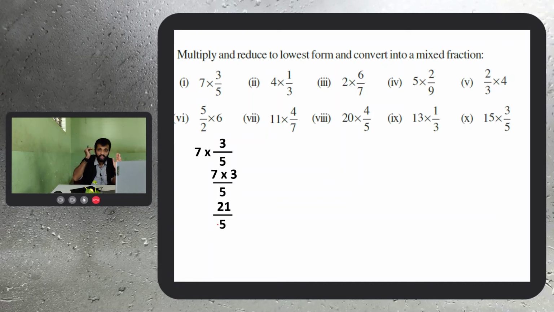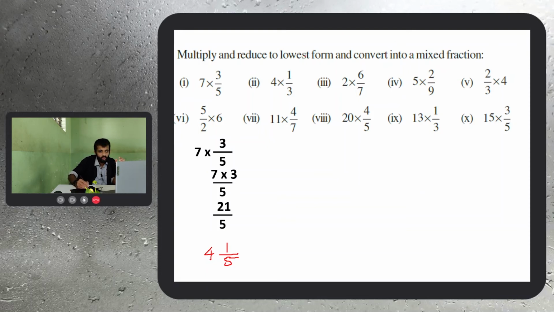I stop at 5 fours are 20. So I can write denominator 5, and 4 as the whole number. Now the answer is 20, right? To get 21, how many numbers are we short of? We are short of one. So this will become 1. So 4 and 1 upon 5 is the reduced mixed fraction.